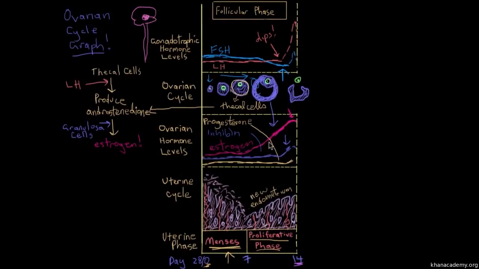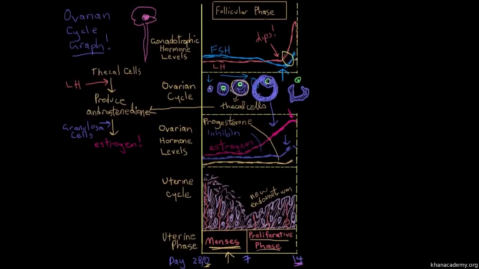It's sort of a paradoxical sounding event. So we reach such a high level of estrogen that the brain tries to release this really, really high amount of FSH and LH. But on the graph here, we only really see a high release of LH and not FSH. So why is that?